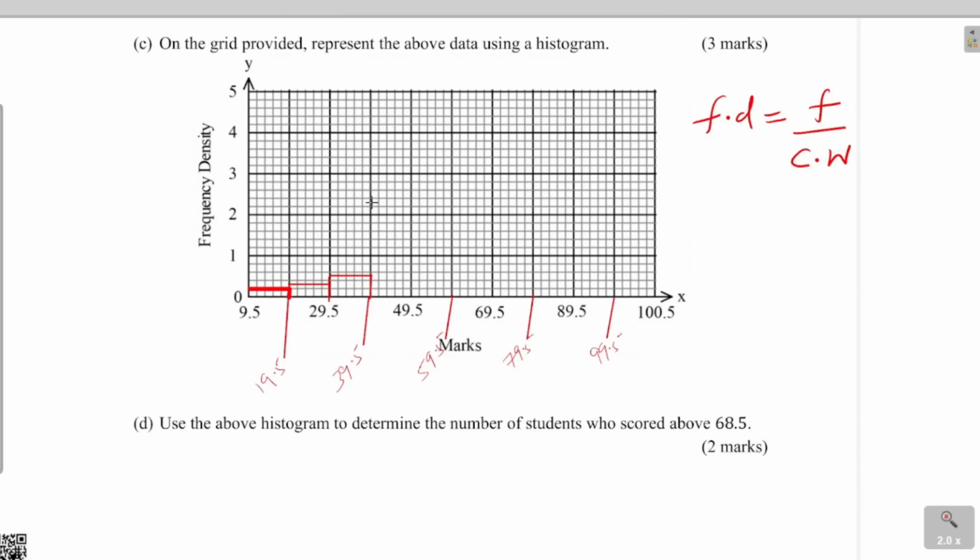So 2.3 will be somewhere there. It goes up to 49.5, like that.